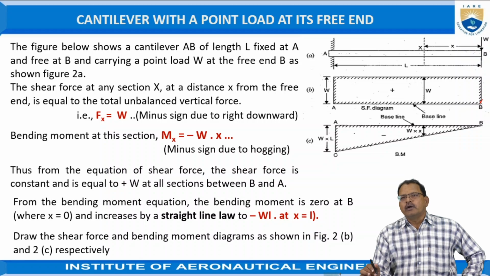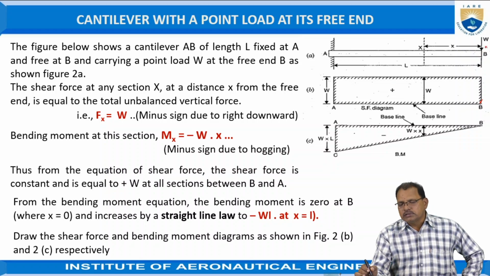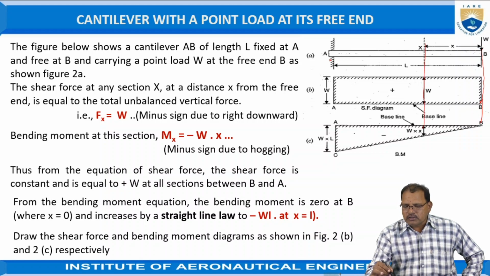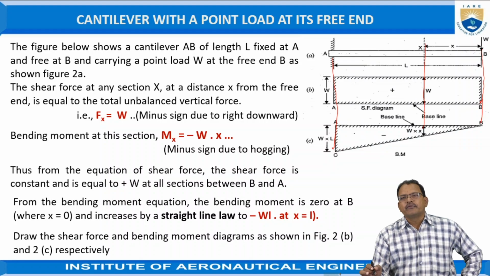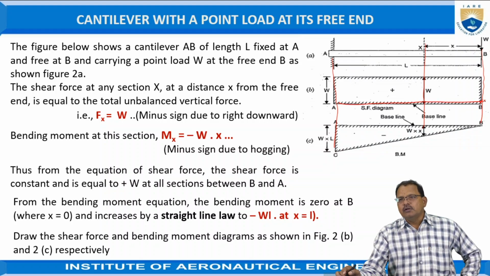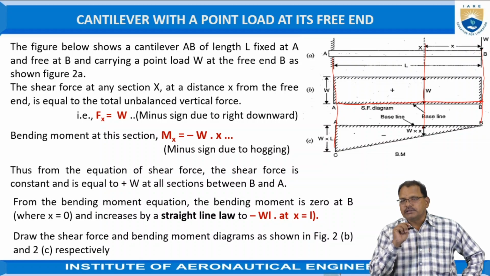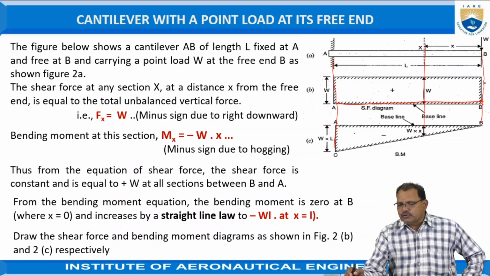Hence, for plotting the shear force diagram, first of all, after drawing the beam and representing all the forces acting on it, draw vertical lines downward to represent the various sections of the beam, and draw horizontal lines to represent the length of the beam as the x-axis. At position B, the unbalanced vertical force is W, which is positive.